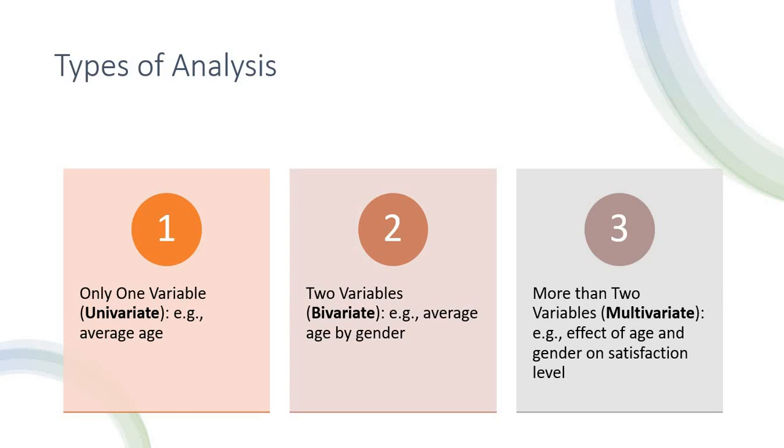When you are analyzing one variable, it is called univariate analysis. When you are analyzing two variables at a time, it is called bivariate analysis. And if you are analyzing more than two variables together, it is called multivariate analysis. Univariate, bivariate, and multivariate analysis can both be descriptive and inferential.